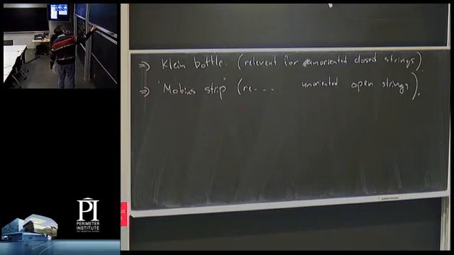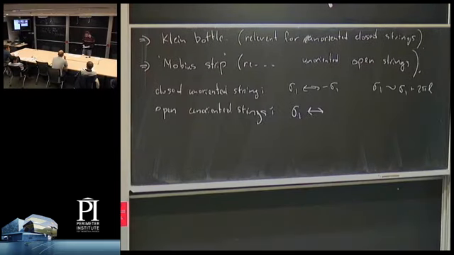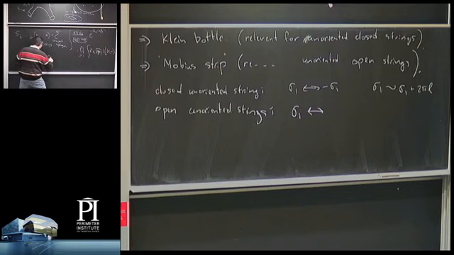And so what I want to do now is talk a little bit about unoriented surfaces. The reason is that in general, this Euler character is 2 minus 2g minus b minus c, where g is the genus of a surface, how many handles you have, so this is the number of handles, and b is the number of boundary components.